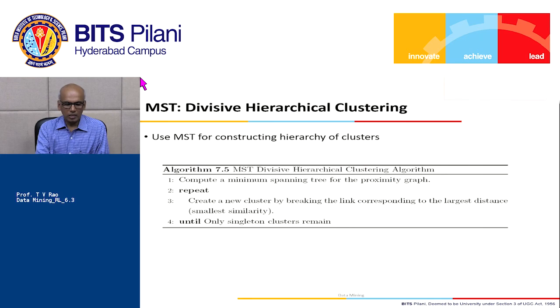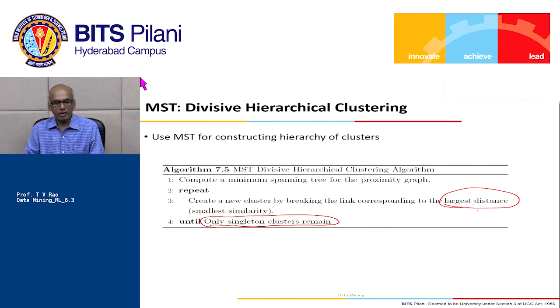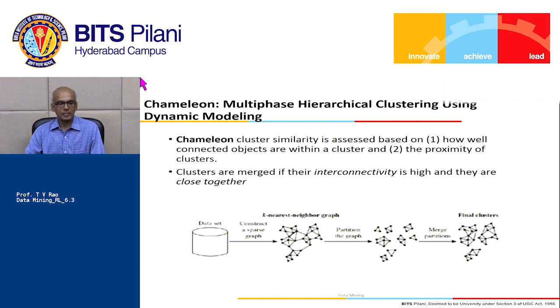At every point we break the link corresponding to the largest distance, and then we create a new additional cluster. We may do this until we have singleton clusters remaining, or based on some other criteria we can stop the division, so that we get a set of clusters.